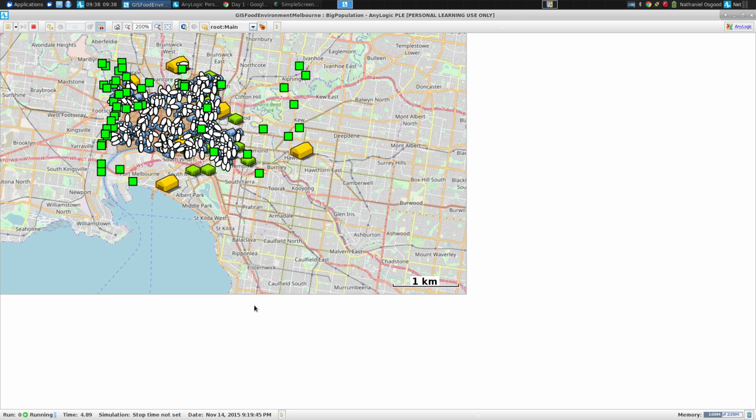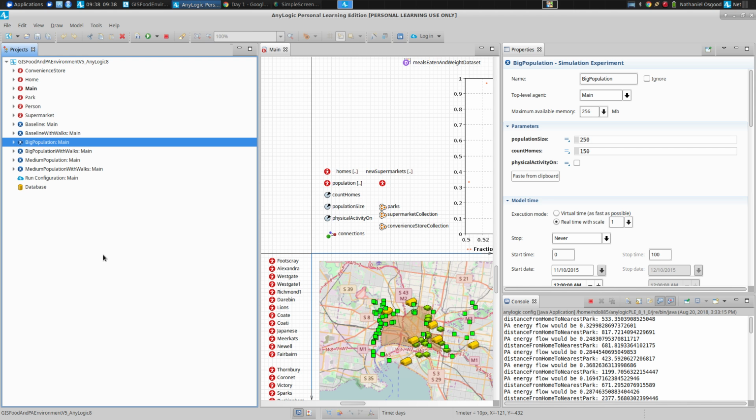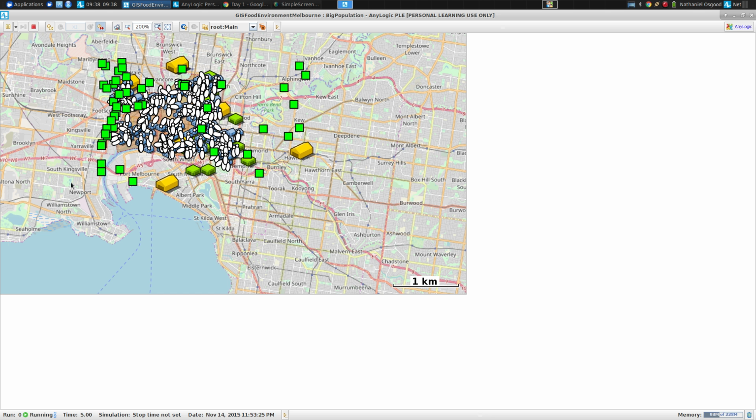So you'll notice that in the experiments for this model, there are some medium populations, some larger, some smaller, but the point is that for those populations, what we're creating is different synthetic population sizes. It's synthetic in the sense that the people aren't truly representative of a particular person.